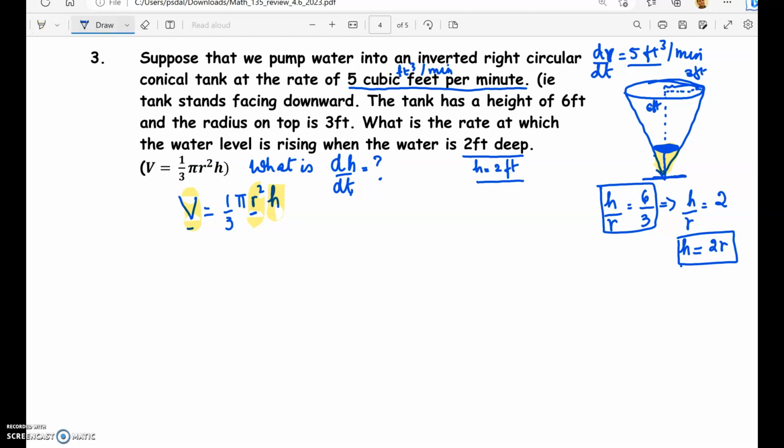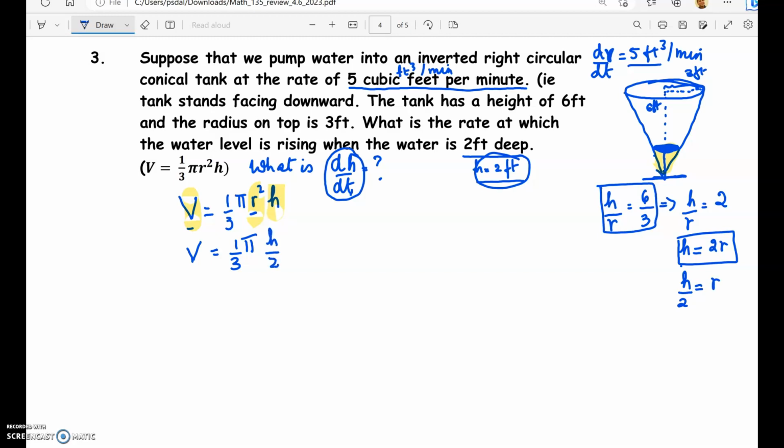However, we need to find the rate of change of height with respect to time when the height is given. The rate of change of radius is not given. So what we'll do is change this equation and write it in terms of h alone, which means I go 1/3 pi. I'm going to write the radius in terms of height. So height divided by 2 is equal to radius.